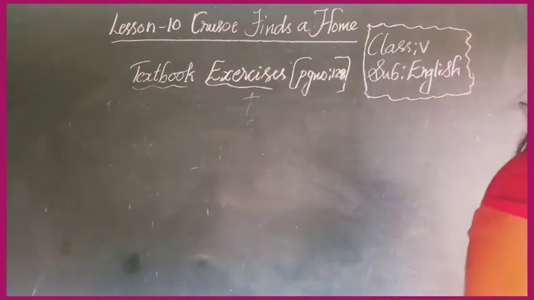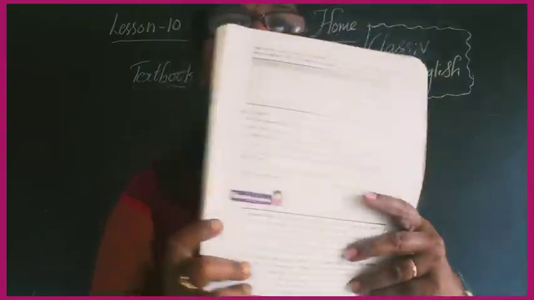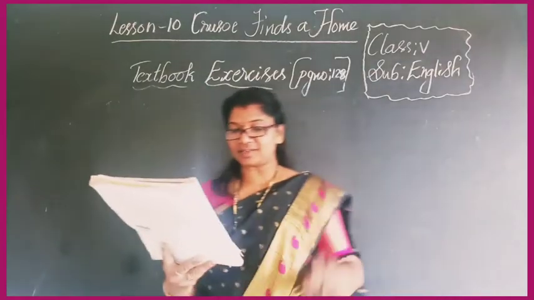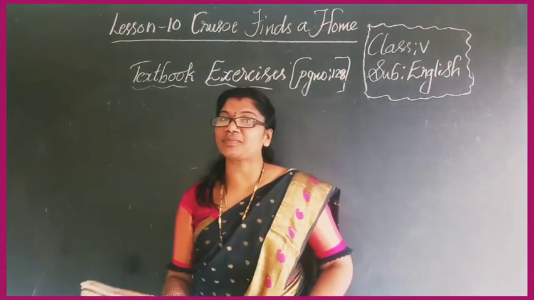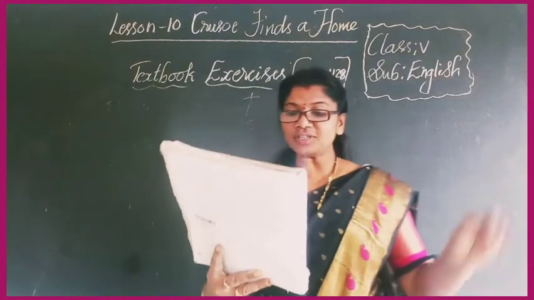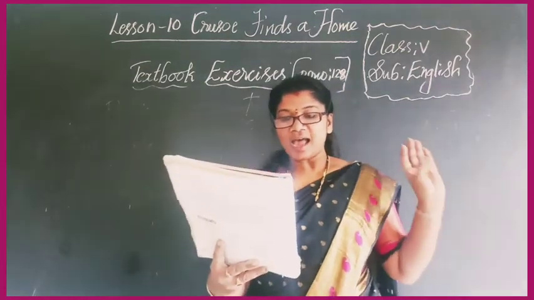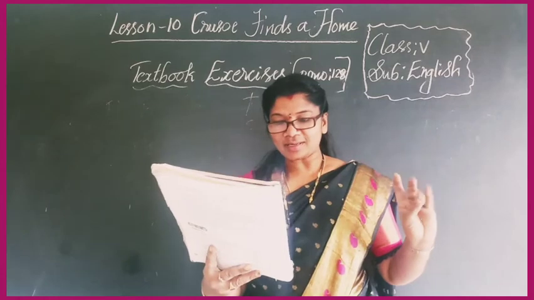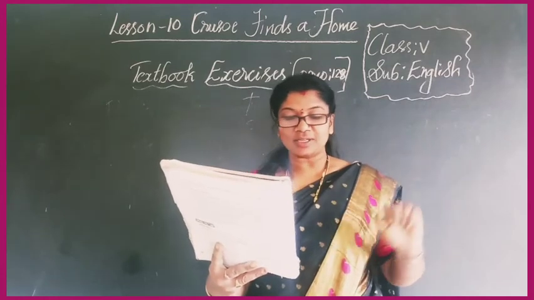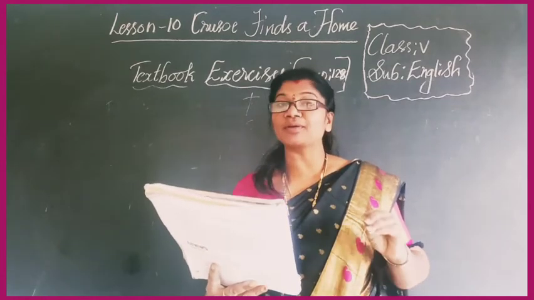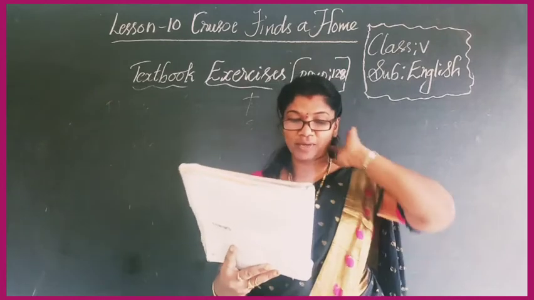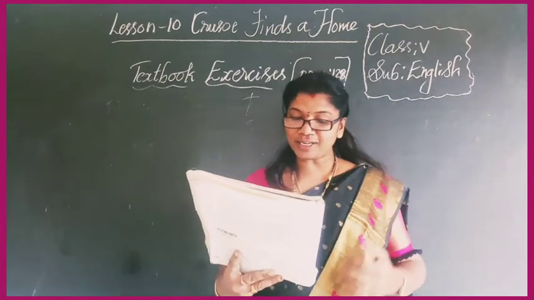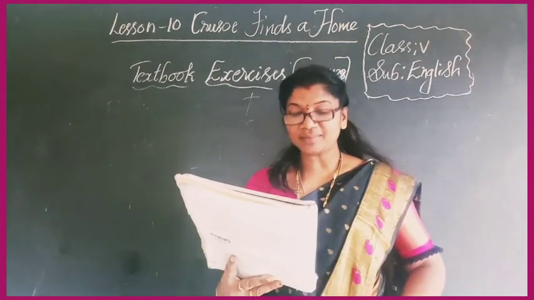Now let's go through this paragraph and start doing exercises. Page number 127. All of you get ready with your textbook. Conjunctions are words such as and, or, but. And, because, that are used to join words, a group of words or sentences. Friday to my cave and gave him some bread.